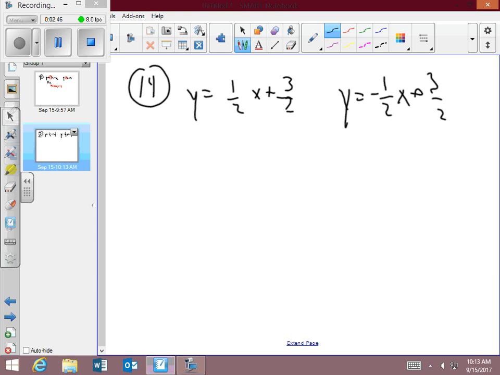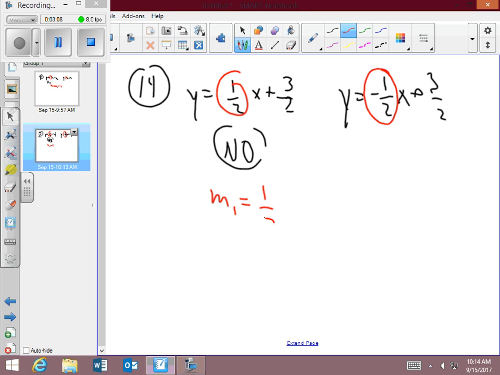Nope. Okay, everyone say no? So that would be the correct answer, no. And the reason is, you look at the slopes again. The slope M1 is equal to 1/2, and the slope M2 is equal to a negative 1/2.